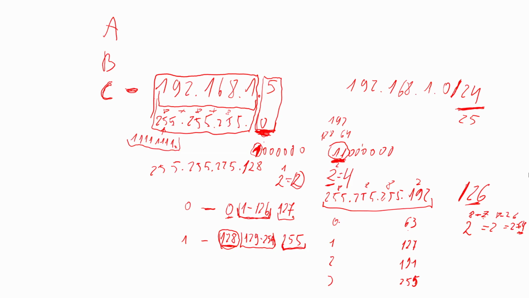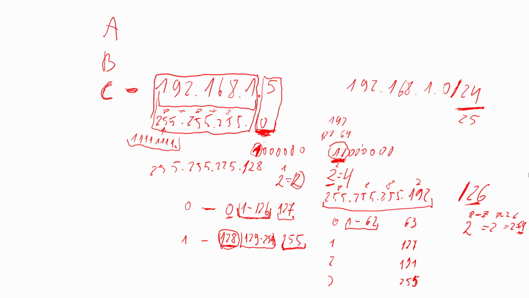So the range in the 0 subnet will be from 1 to 62. This range you can give to nodes.